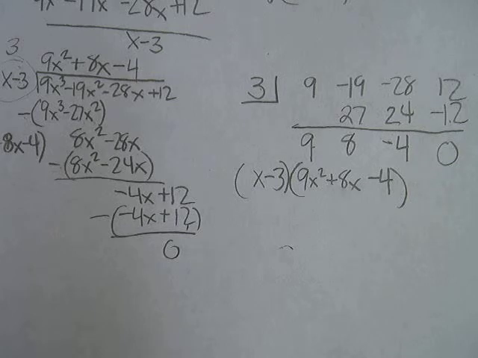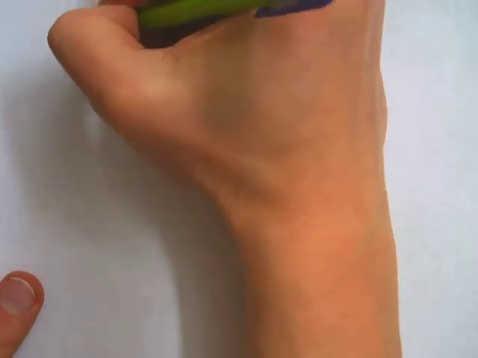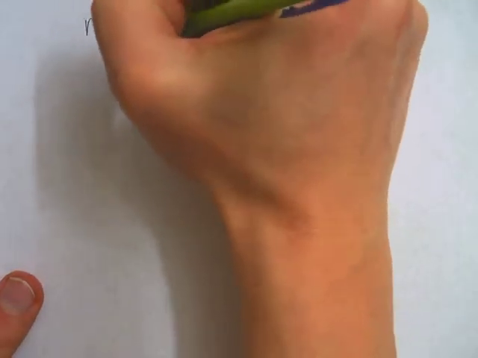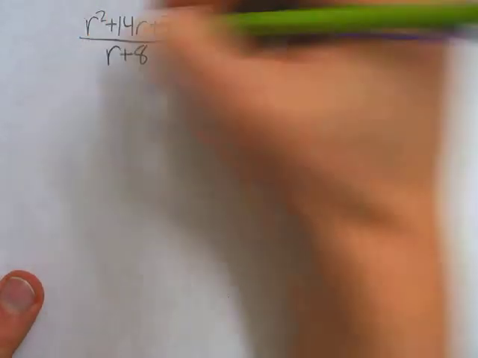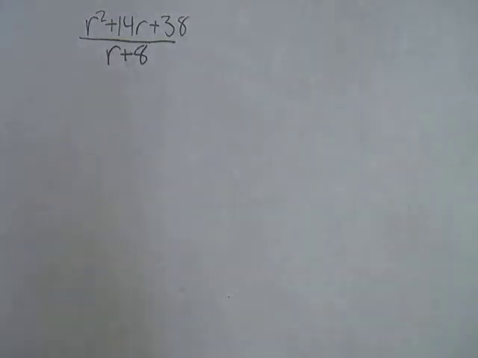So now we're going to look at an example of one that doesn't go in cleanly. So let's do r squared plus 14r plus 38 over r plus 8. Okay.